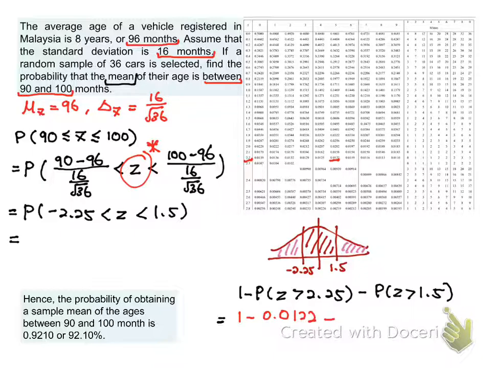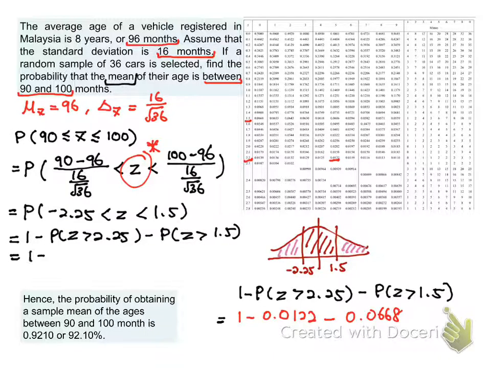And next, minus 1.5: 0.0668, right? Now we can copy to here. Actually, it's based on your understanding. So it's P(Z > 2.25) and minus P(Z > 1.5). So we equal 1 minus 0.0122 minus 0.0668. So what do you get?